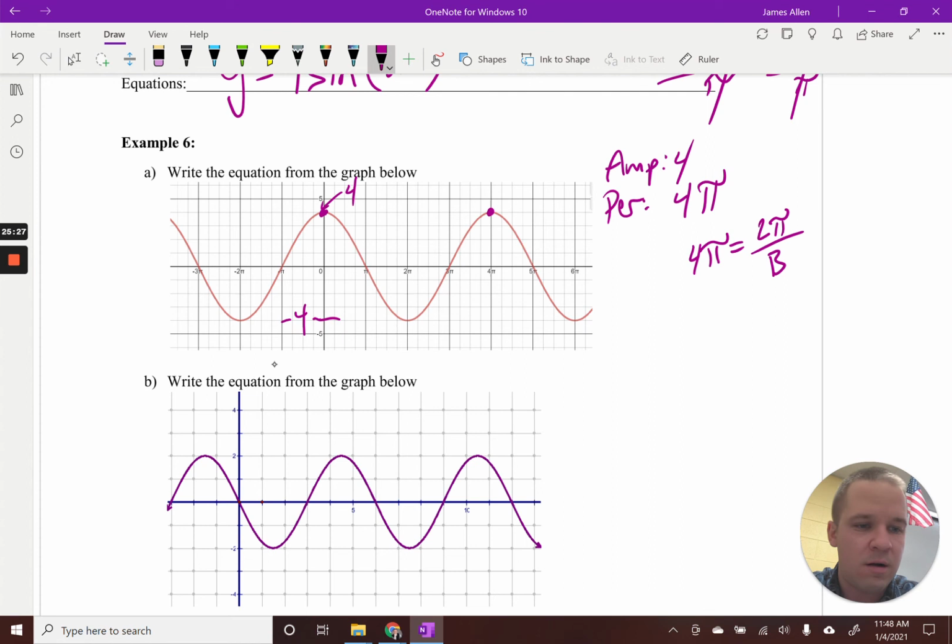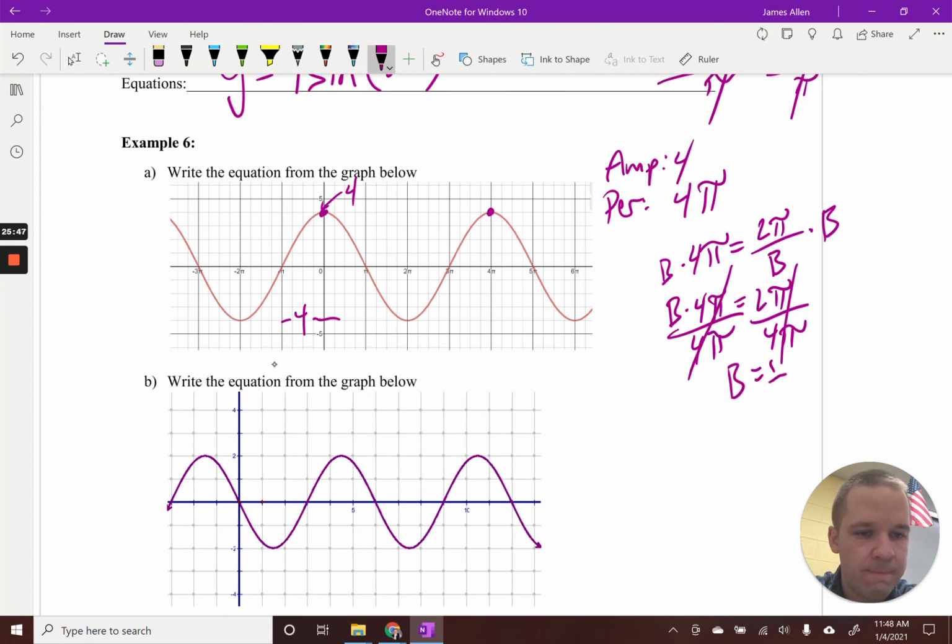Some textbooks use that, or the online book uses omega instead. Then I'd multiply by B, so now I have B times 4 pi is equal to 2 pi, divide by 4 pi. The pi's cancel, and that reduces to 1/2.